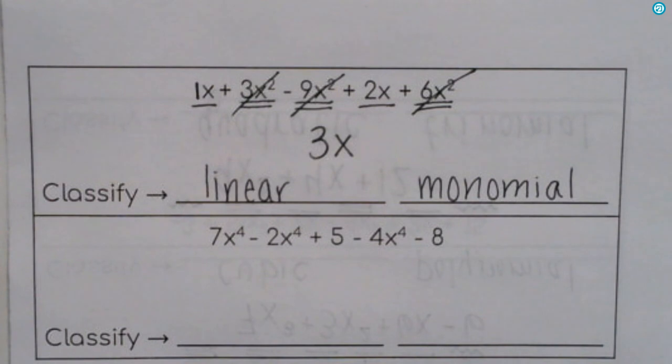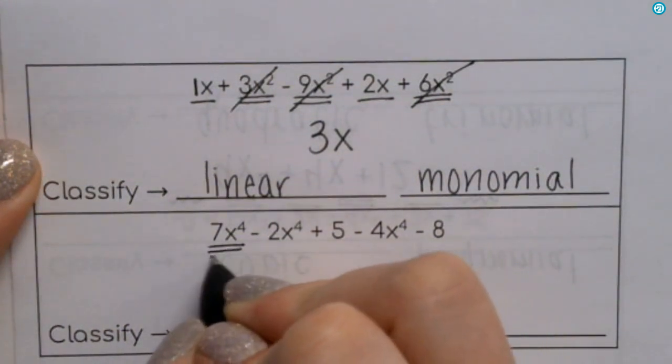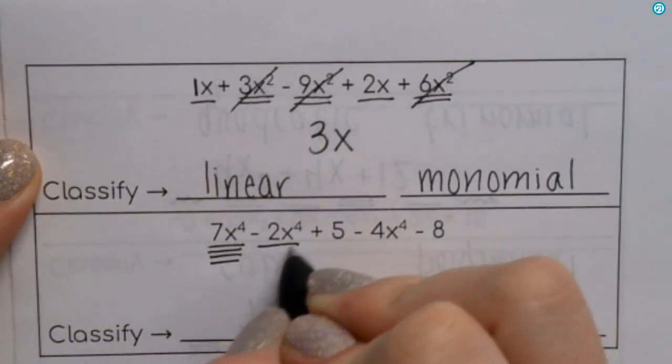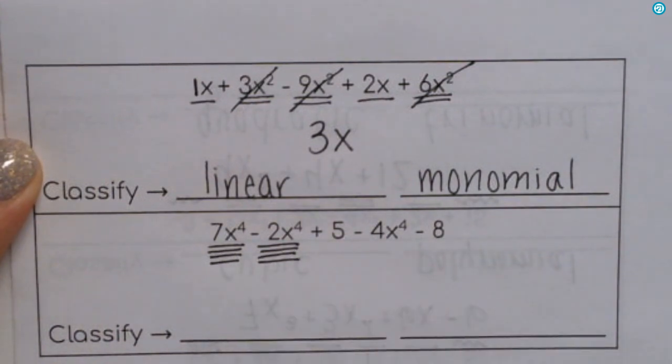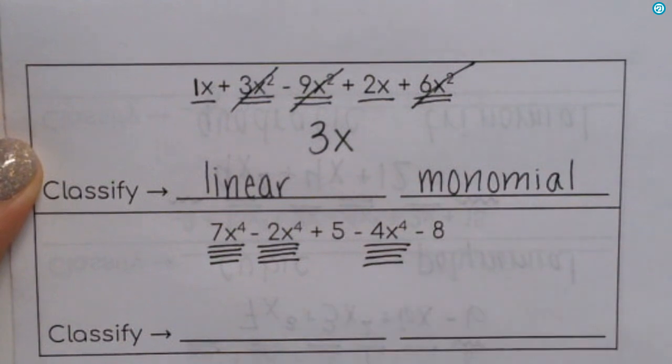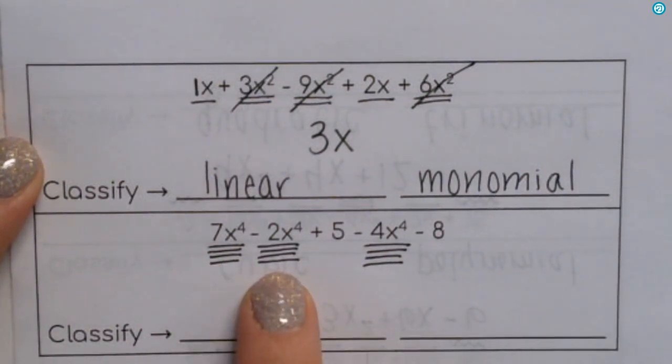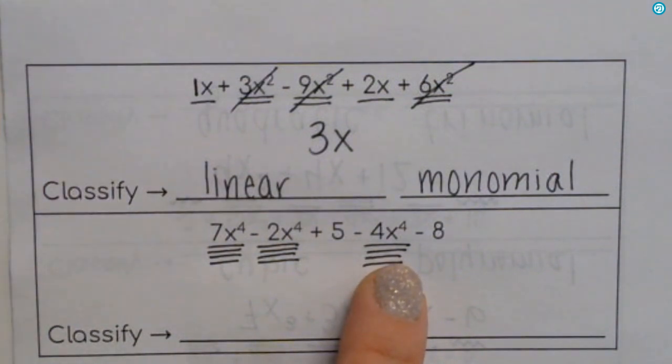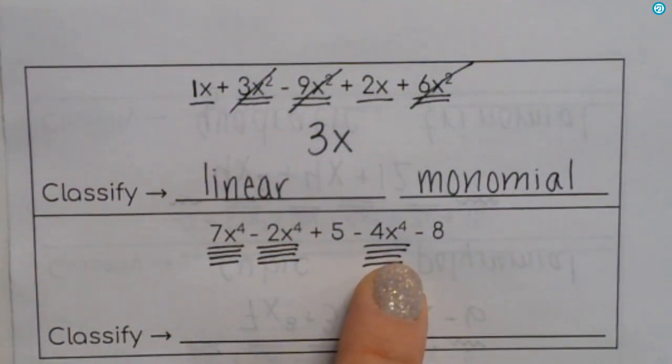Okay. Last one. We've got x to the fourths in this one. So it's a high exponent. We've got this 7x to the fourth minus 2x to the fourth. 7 minus 2, we're at 5 now. Minus 4x to the fourth. So 7 minus 2 is 5, minus 4 is 1. So we've got 1x to the fourth.